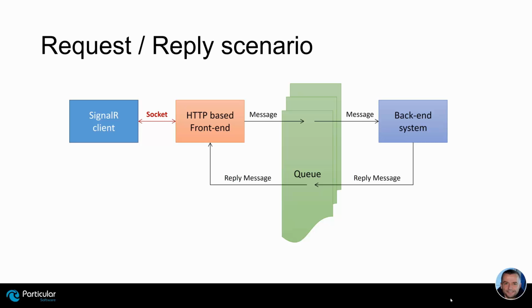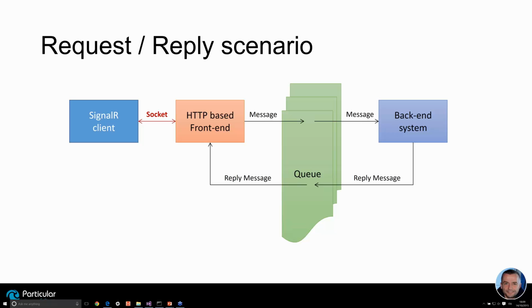So I'll introduce the architecture that was proposed in the request-reply scenario, and here we're looking at the backend system that has a queuing transport that talks to an HTTP-based front end, which is something like IIS, and then a client like a browser communicating using a socket technology with SignalR to the HTTP front end.